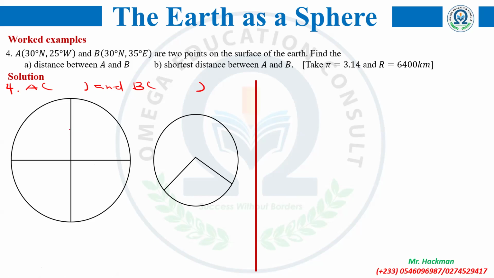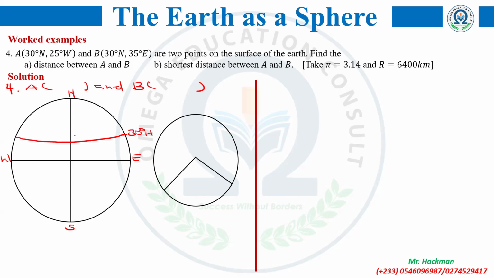Now let's go. With this one, let's draw and indicate our points. A is 30 degrees north. Remember, this is north, south, west, then east. Now we come towards 30 degrees north. So 30 degrees north will be here. You indicate your 30 degrees north.